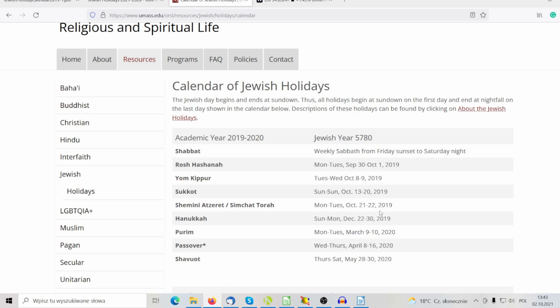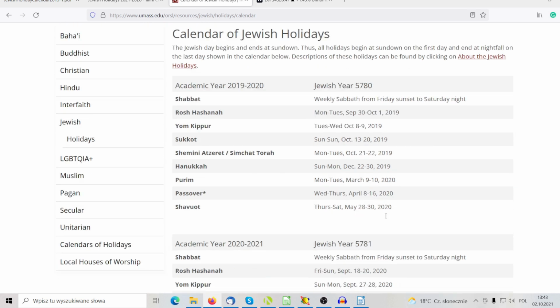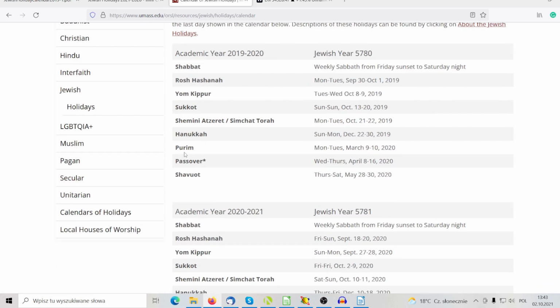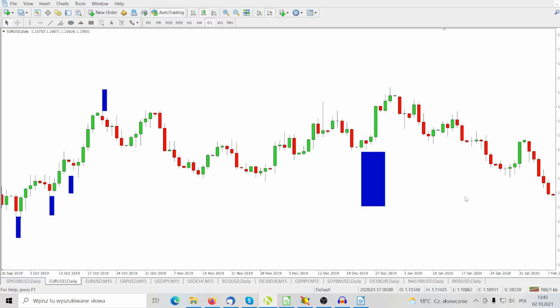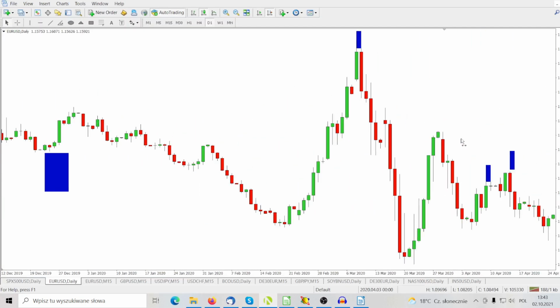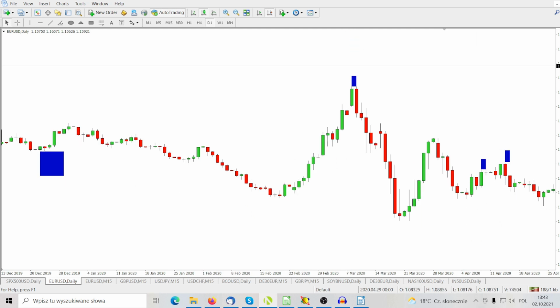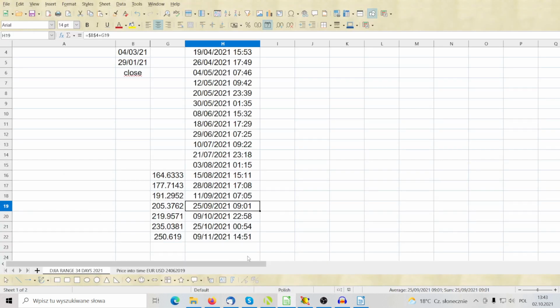And now, look at this one. We are at 2019, a holiday called Purim, Monday, Tuesday, March 9, March 10. You remember the date, March 9 and March 10 over here. March 9 is the green candle, March 10 is the red candle.